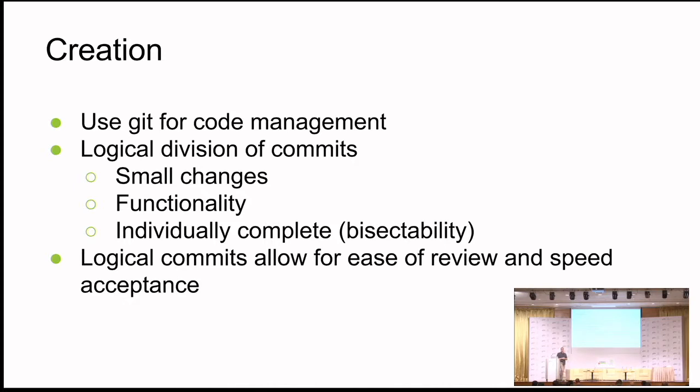When you divide all your changes up, each one, if you apply them individually in order, should not break the build. It should also not break runtime. So if you have a series of 10 commits, every one of those successively should build and not break the build.